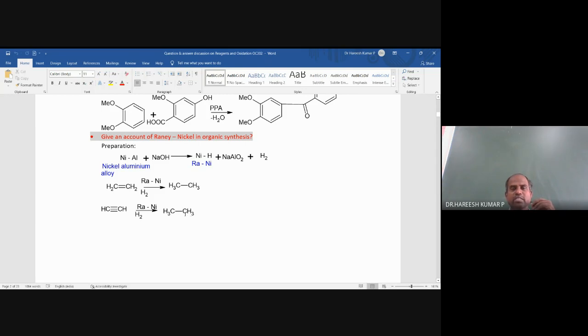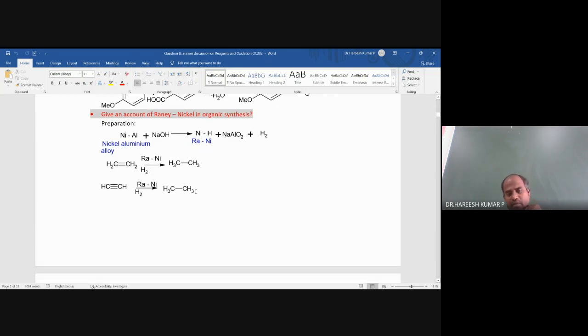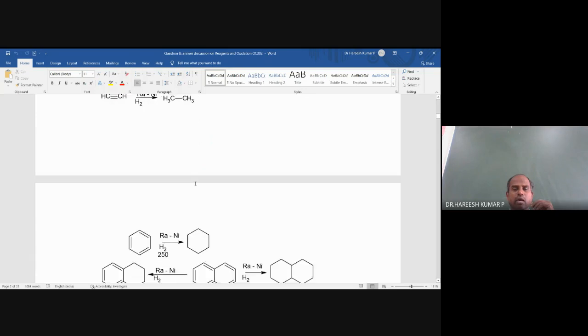So alkene is converted into alkane. Overall, olefins can be converted into alkanes. Alkynes are converted into alkanes, saturated carbon atoms. Unsaturated ones are hydrogenated in presence of Raney nickel, giving rise to saturated compounds.